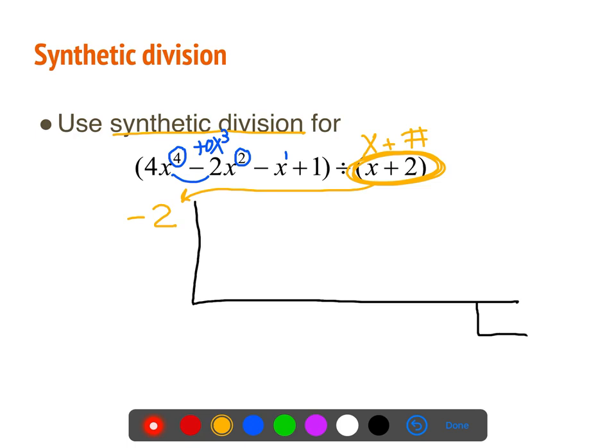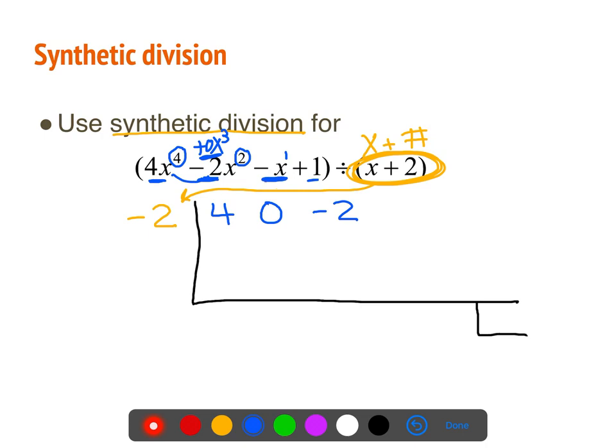Now, what am I going to do first? Whatever this is, x plus 2, I'm going to change the sign and drop the x. So if it was x minus 5, I'd put a plus 5 out here. So I change its sign because it only wants c. And then across the top here, I'm going to put each of these guys in order without the x's.